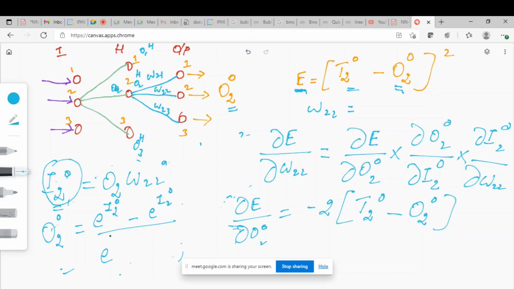Maybe here we can add some constant also in our equation, alpha or theta, but that is optional. So this is the output.